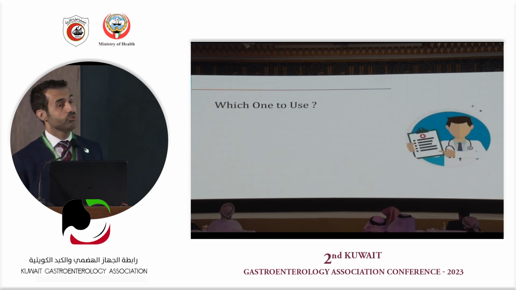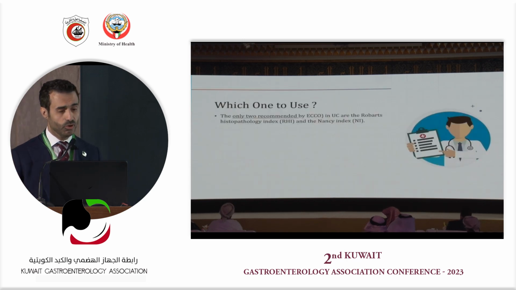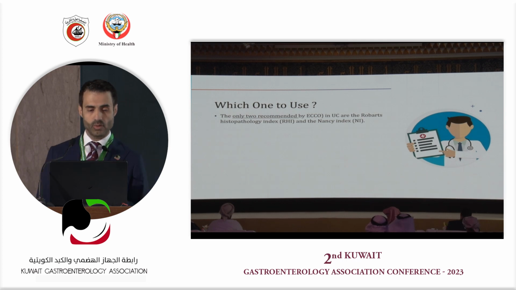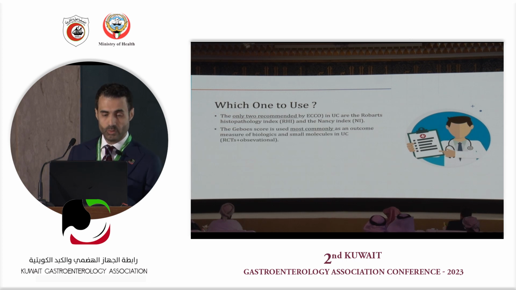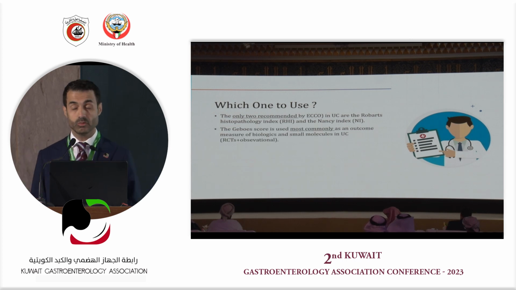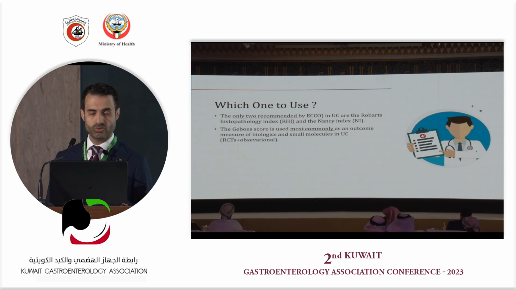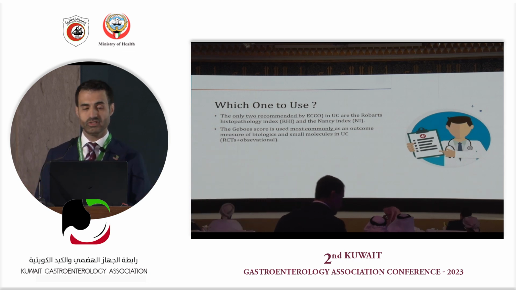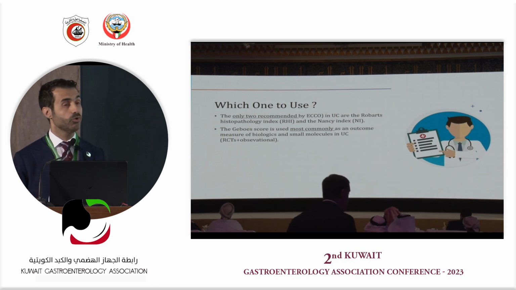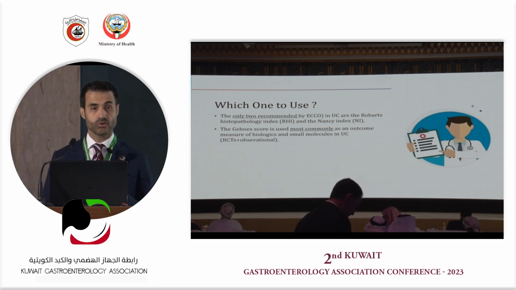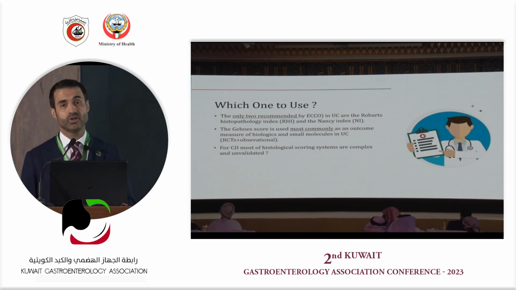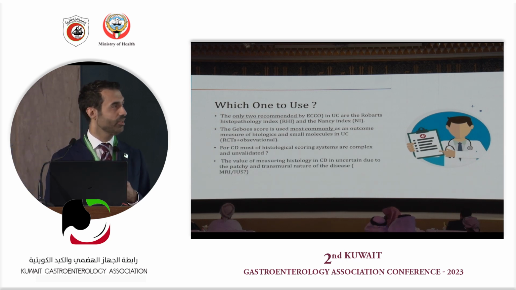So the question is which one to use. The only two recommended by ECCO in ulcerative colitis are the Robarts Histopathology Index and the Nancy Index. The Geboes score, however, is the most commonly used outcome score in biologics and small molecules in UC. If you combine the RCTs and observational data, the Geboes score is the most commonly used, however, it's not the one that's recommended. For CD, most of the histological scoring systems are complex and, to be honest, not very validated.